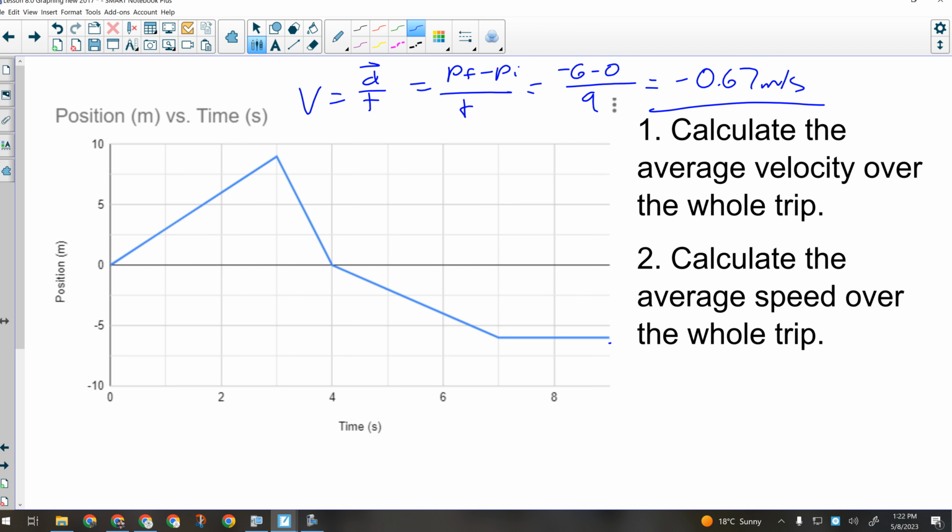You got that one? No? What numbers did you have on the top? -6 and 0. What did you have on the bottom? I just did -6 divided by 9.